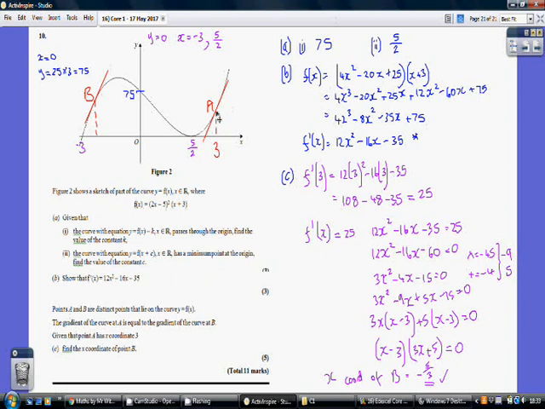So first things first, I know that the gradient at 3 is something. So let's go and find out what the gradient is when x equals 3 by substituting 3 into the differential. So I'm substituting 3 into this, which is this, which then becomes 108 minus 48 minus 35 equals 25. So the gradient of the curve here is 25, and so it will be over here.